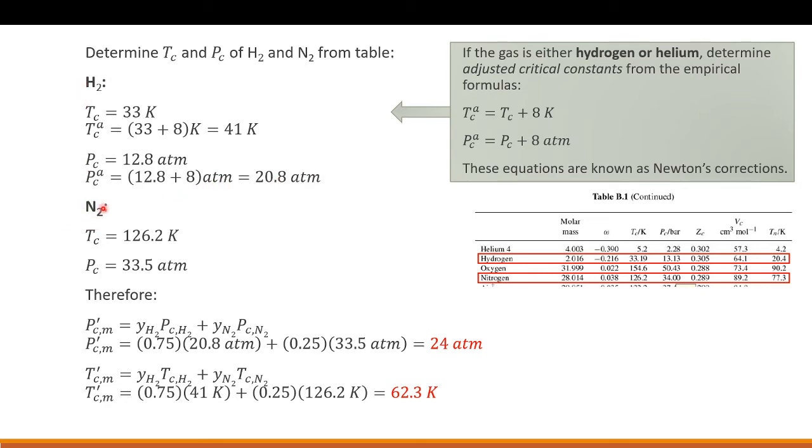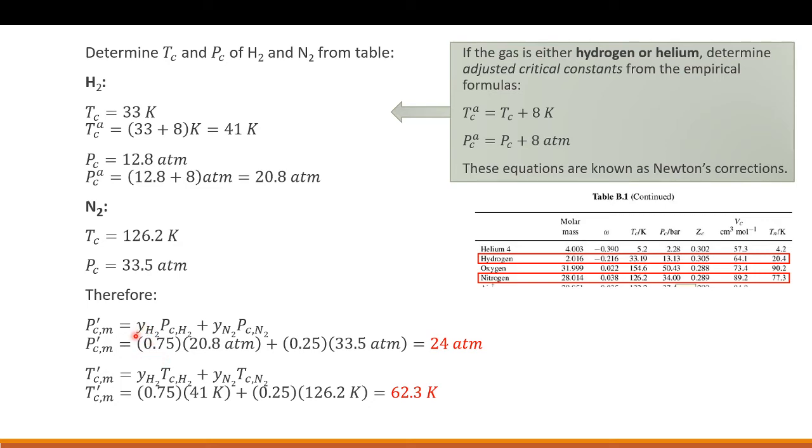So for nitrogen over here, we don't have to do that. The critical temperature we can obtain directly from the table, 126.2 Kelvin. And the critical pressure is 34 bar, which is about 33.5 ATM. So by using the formula in the previous slide, we can determine the critical pressure of the mixture and the critical temperature of the mixture.